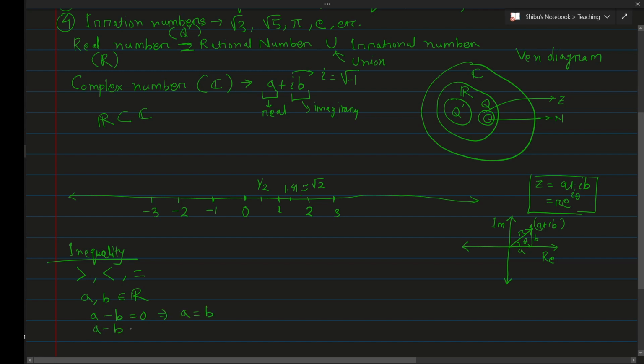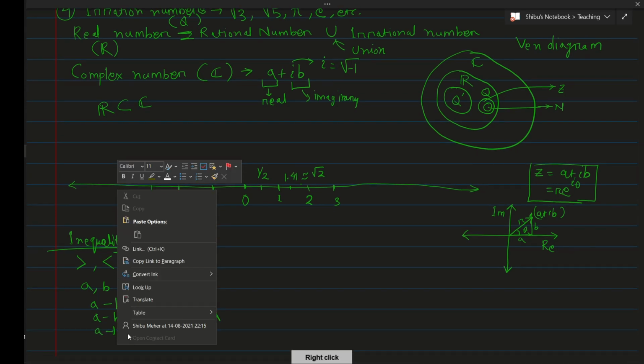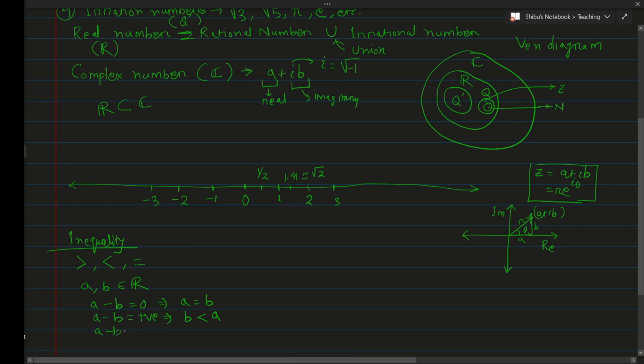If this number is greater than 0, that is, positive, then we say b is smaller than a. And if this number is negative, then we say b is greater than a. So this is how these inequalities are defined.